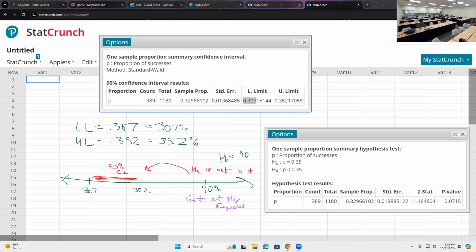So the target for the null hypothesis is not in the confidence interval, so it's rejected.